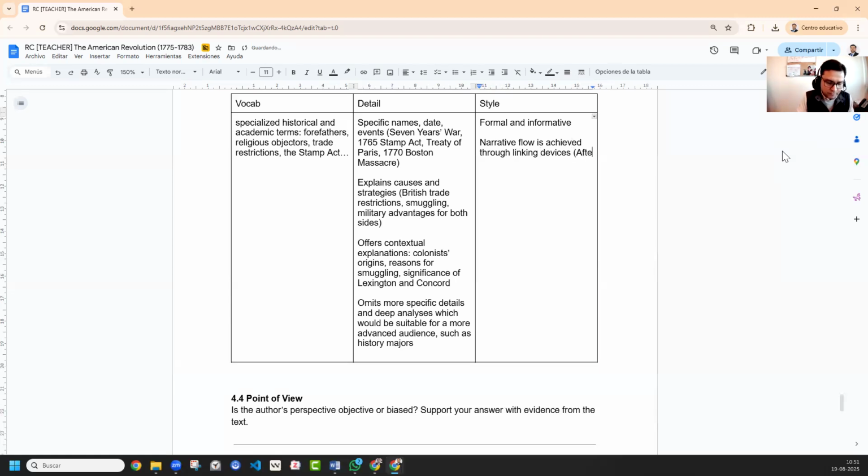For example, after the 7 Years' War in 1765, in April 1775, etc. It also uses subheadings for thematic organization of the different sections.